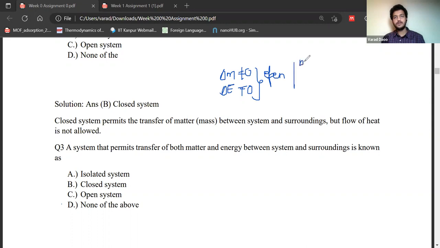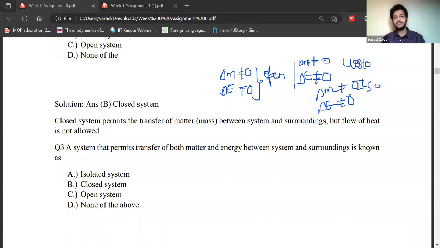When delta M equal to 0, delta E not equal to 0, we have a closed system. And when delta M equal to 0, delta E equal to 0, then we have an isolated system, right?